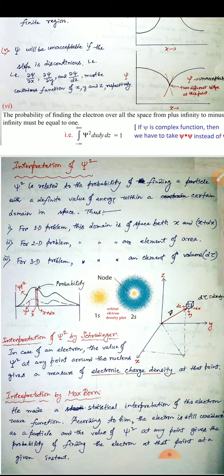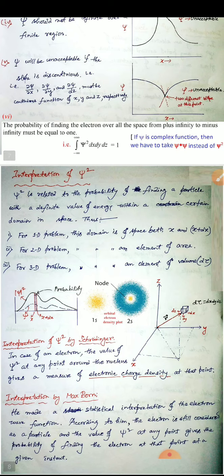Now if we multiply the psi square, or the density, with volume, then we can get the probability of finding the electron in a particular region. So psi square dV is equal to the probability of finding the particle in a particular, very small volume, that is, delta V.